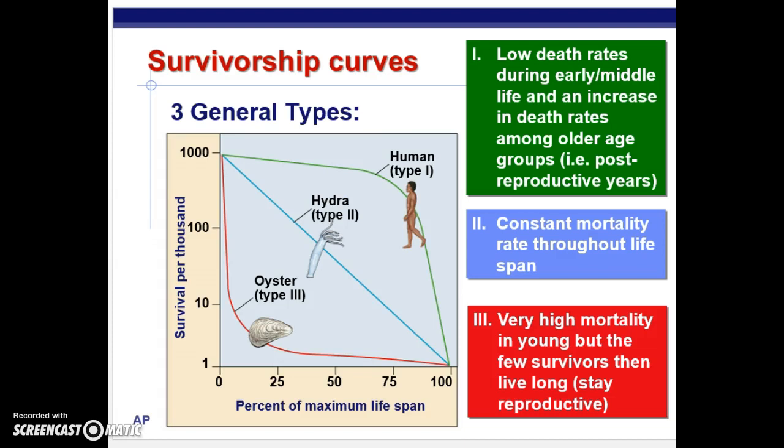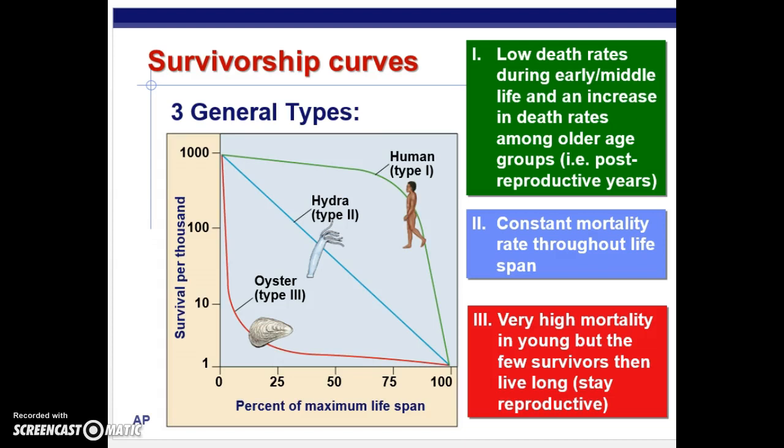The type 2 curve is like the squirrels that we saw. It's intermediate, with a constant mortality over the whole lifespan of the organism. Many species of rodents, many invertebrates, and some annual plants show this type of survivorship.